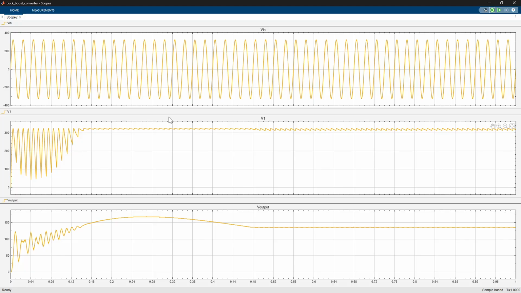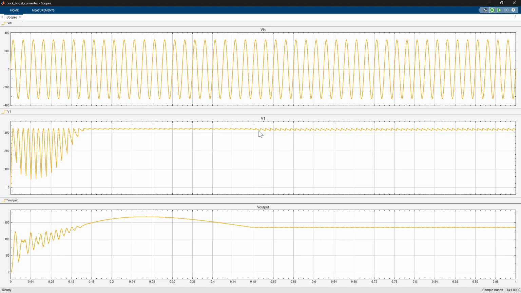Then at the steady state, after 0.12 seconds, the capacitor is fully charged and it discharges slightly between rectified peaks. It recharges every half cycle at 100 hertz.